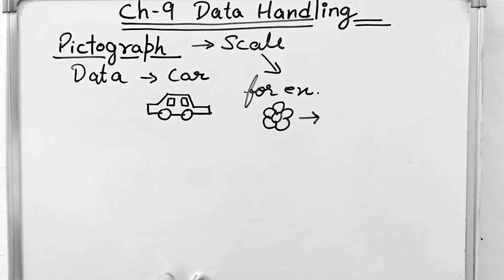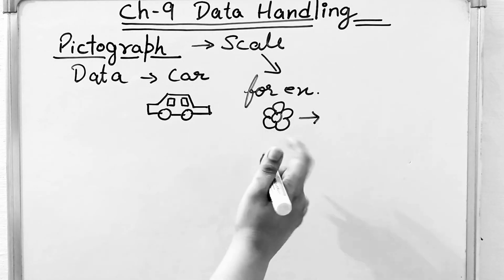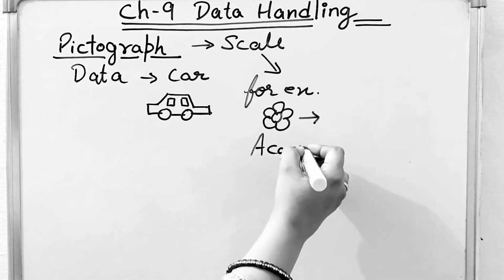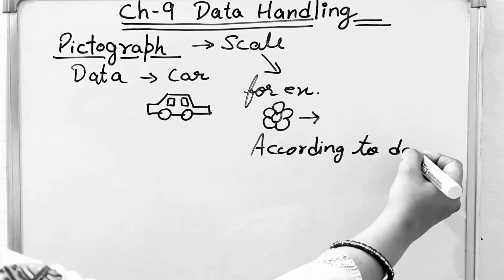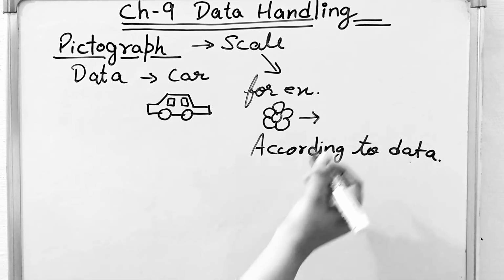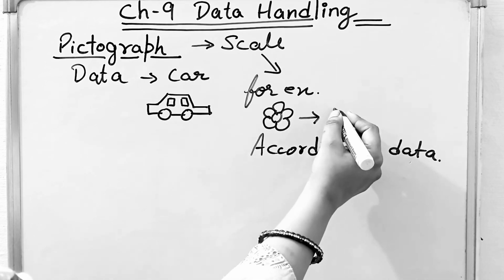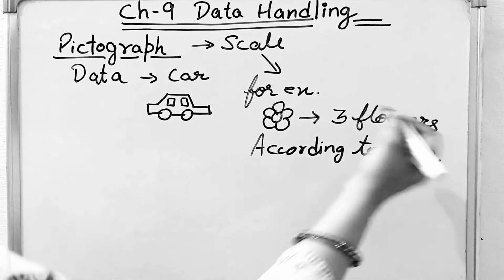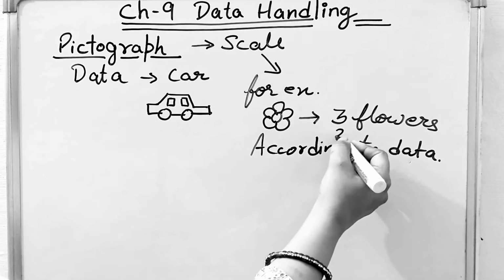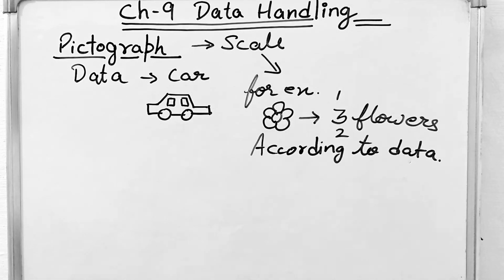How will you decide that scale? You will decide that scale according to your data. This one symbol can represent 3 flowers, can also represent 2, 1, any number of flowers.